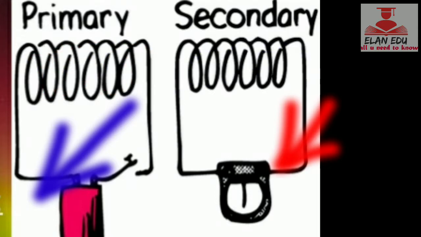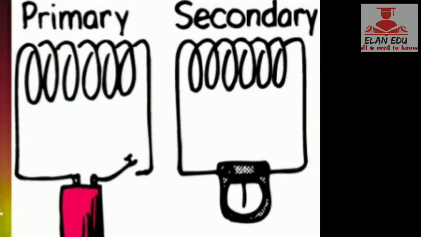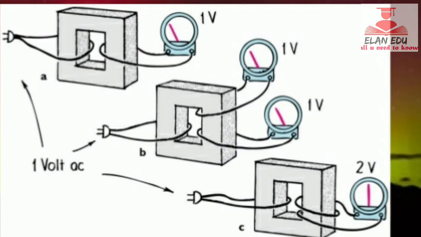The magnetic field building around the primary extends to the secondary, that is, the changes in the magnetic field intensity induce the voltage in the secondary, which is based purely on the induction principle. Let us see about step-up transformers.